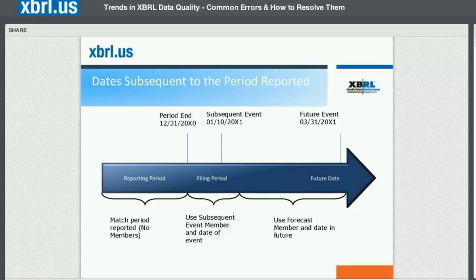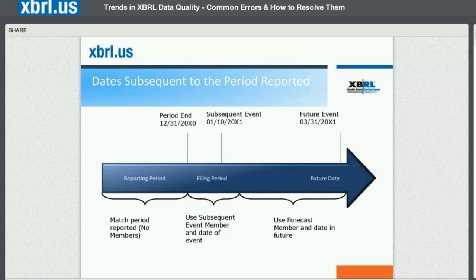If the value that you're reporting is getting a date context that goes out more than 90 days past the end of the reporting period, the balance sheet date, then that's a forecast, because otherwise we would expect that it would just be reported as a current event in the next set of financials.